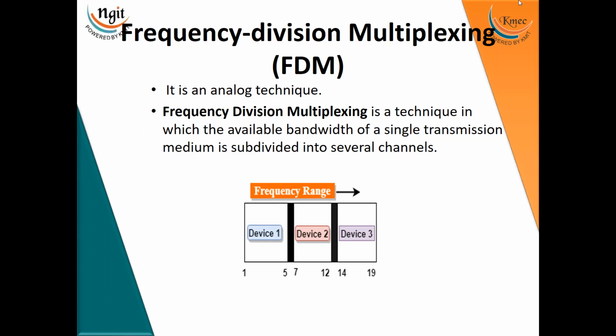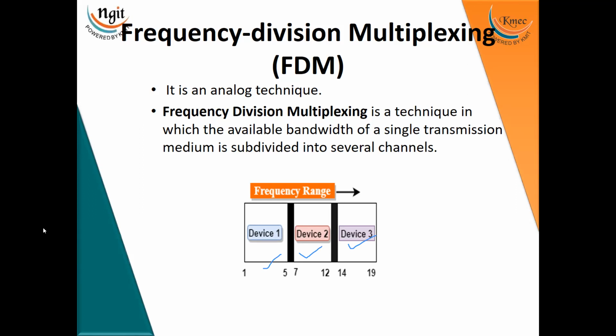For example, 1 to 5 for one device, 7 to 12, 14 to 13. That means it is divided into parts as frequency, and then the transmission continues.